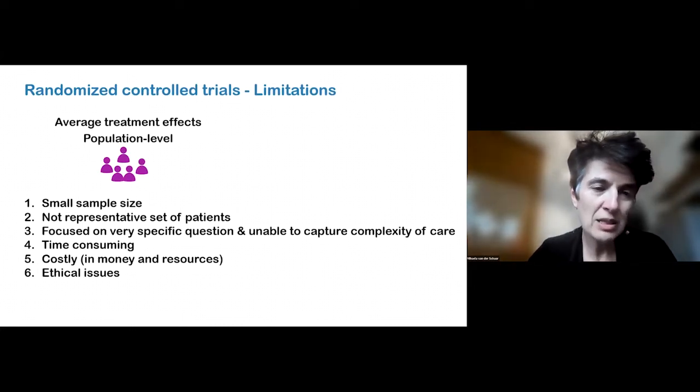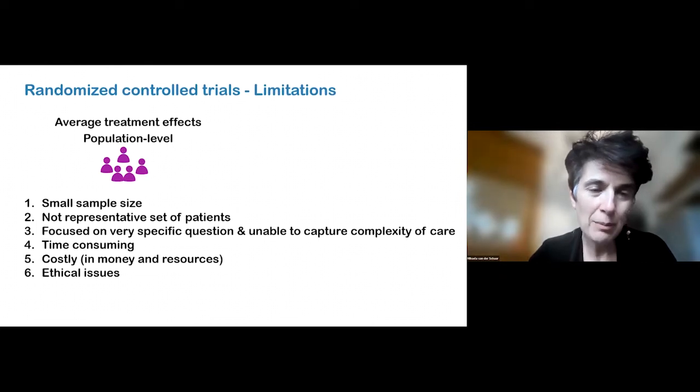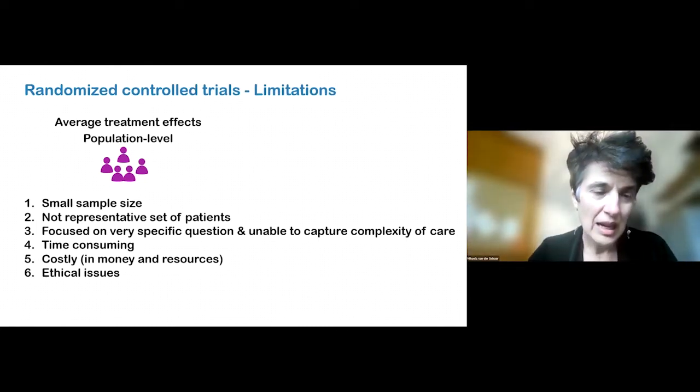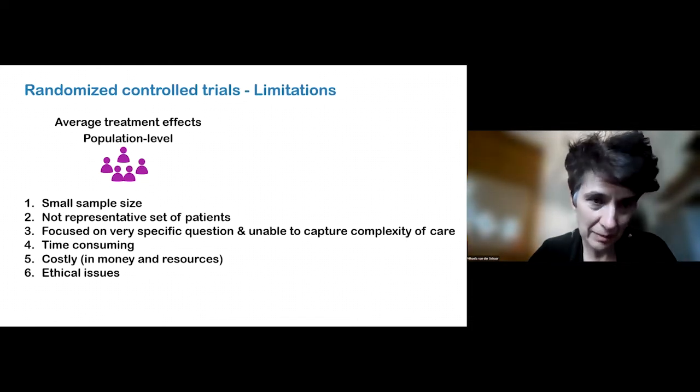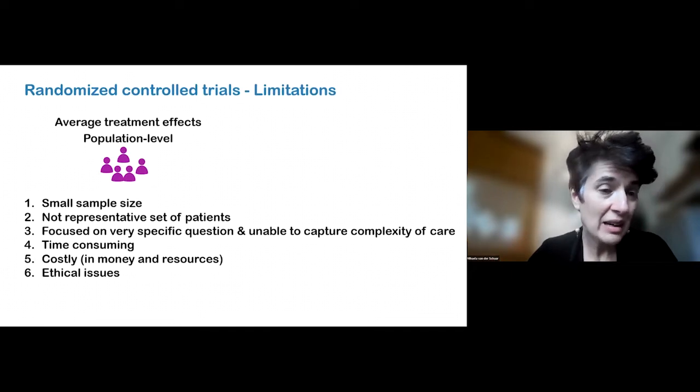Many of these patients may not be elderly or may not have the comorbidities like the representative patients do. Also, some medication may not work over time, and one may need to change to other types of treatments over time. And they do not capture the complexity of care. And in some cases, they are even not possible to run due to ethical issues.